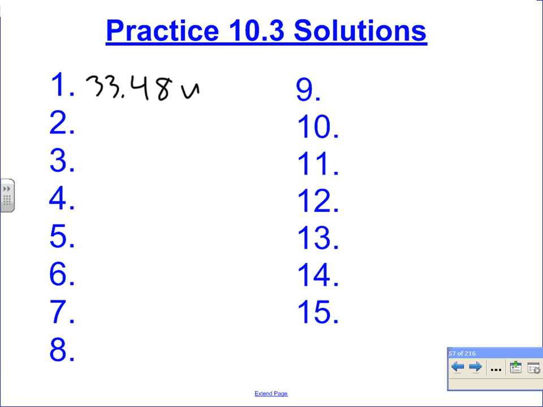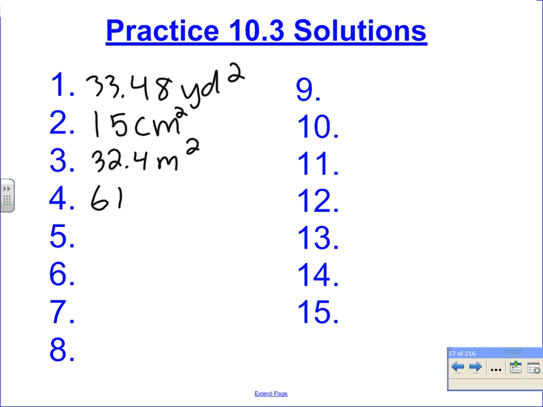Good, 33.48 yards squared. Greta, number 2. Yep. Good, Abigail, number 3. I got 0.4. That might have been me. Hey, guys, quiet, okay? Okay, number 4, Steve. Good. Jordan, number 5. Good, 98 inches squared.